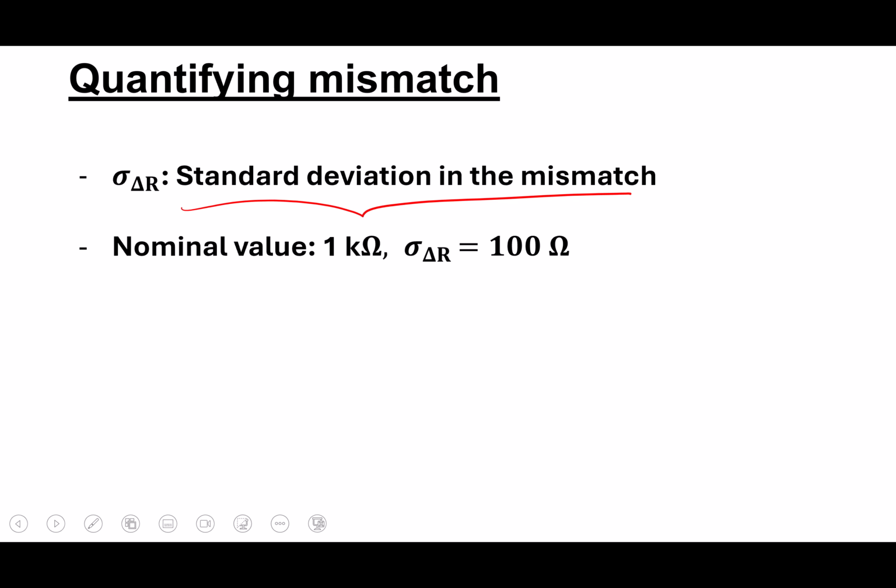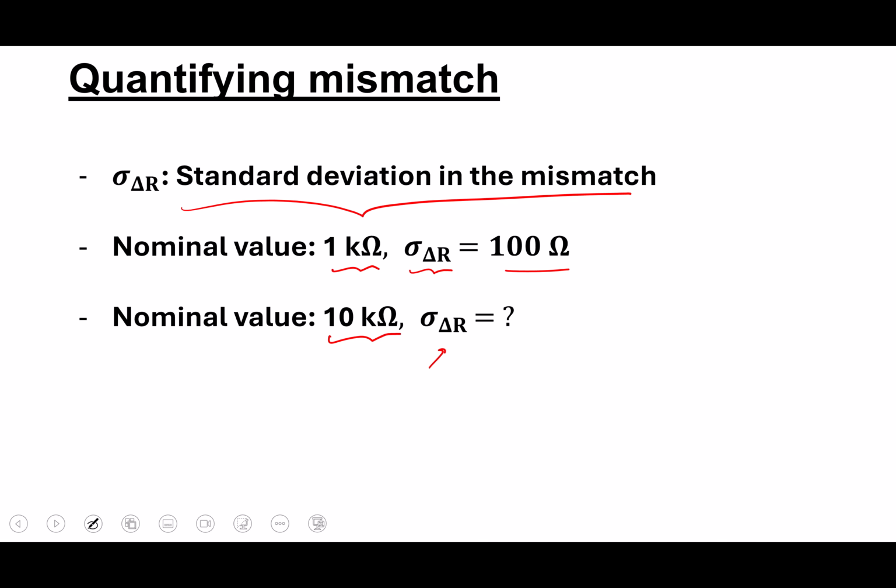Let us say, for example, for a mean value of 1 kilo ohm, the standard deviation is 100 ohms. Now let us say I have a case where my nominal value of the resistor itself is 10 kilo ohm. Then what do you think the value of sigma delta R will be? For a mean value of 1 kilo ohm, my standard deviation was 100.